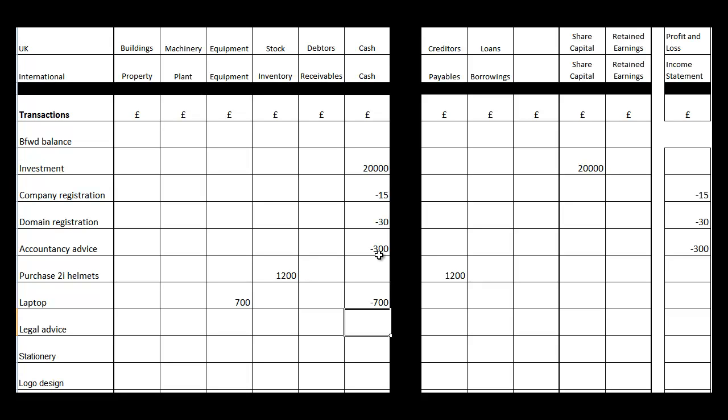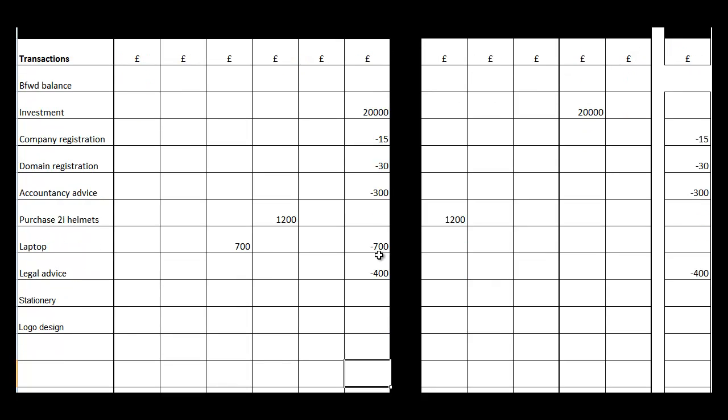We're also going to receive some legal advice worth £400. This is a cost for the month of April. And we've actually received some stationery worth £37 in the month. And again, this will be a cost or expense in the month of April.